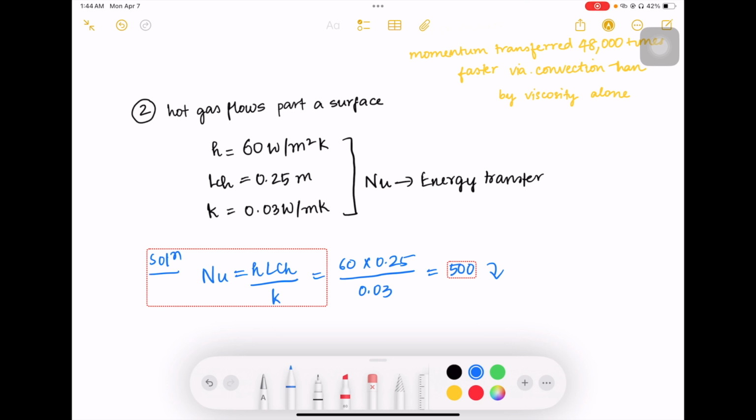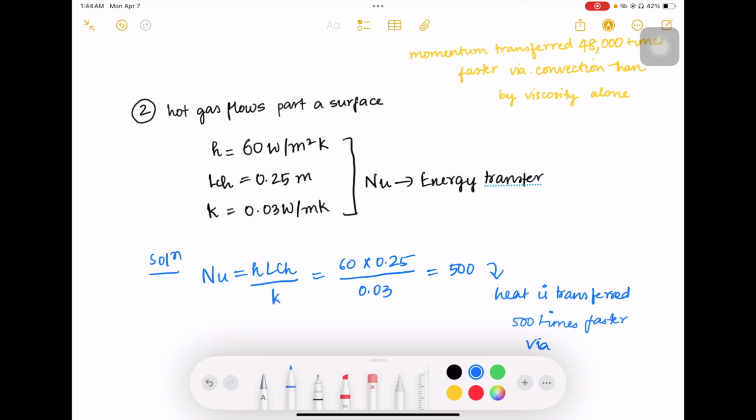This means heat is transferred 500 times faster via convection than conduction, right?